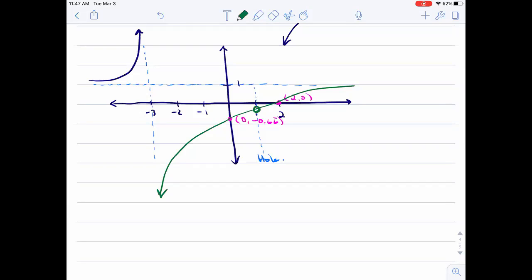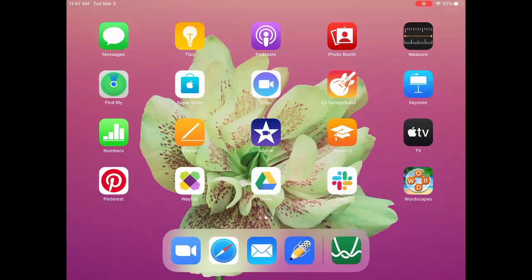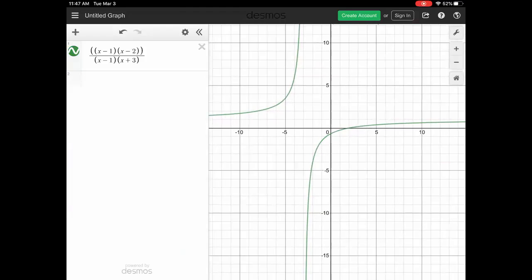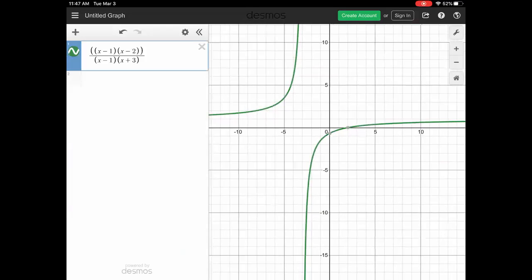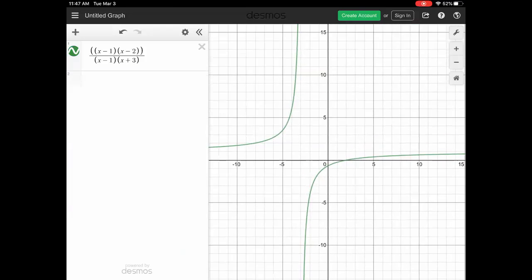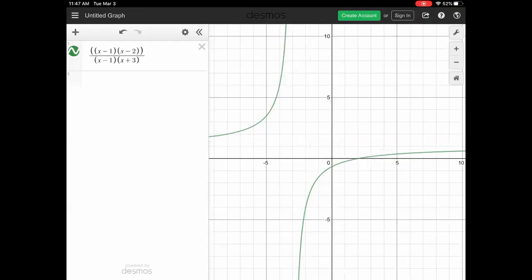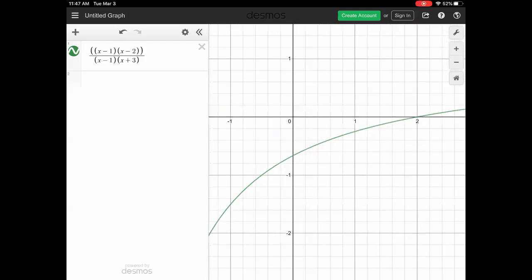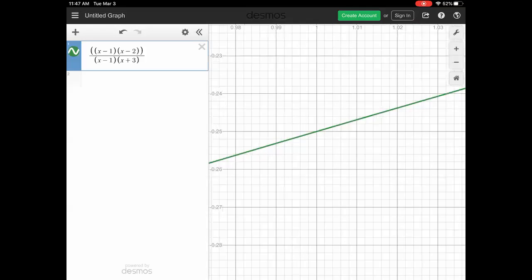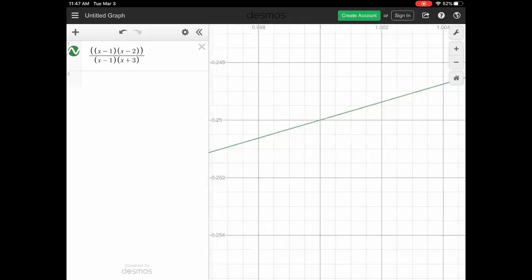So now we can make sure that it looks the same on Desmos, which if we zoom out here, we're approaching negative 3 from the left. And like I said, if we zoom in here at x equals 1, let's see, how far do we have to zoom in?